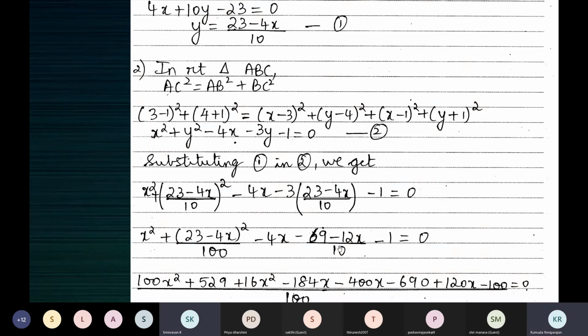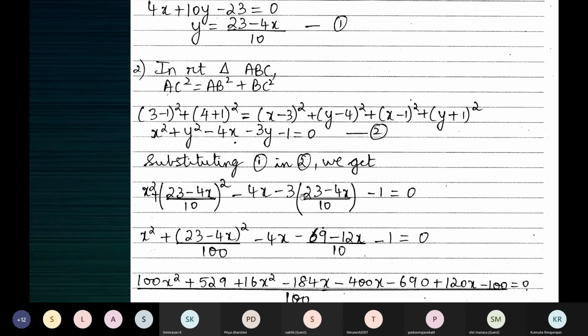This one? Yes, ma'am. Yeah, I'm really happy that questions are flowing in. Very good. Thank you. So this minus will be multiplied only when you take the LCM.